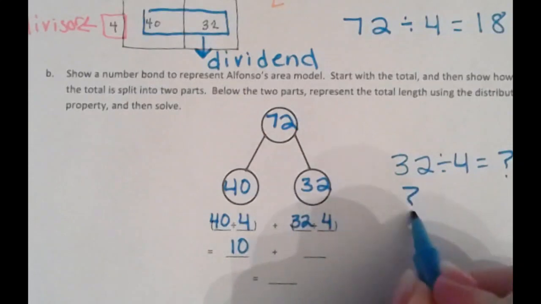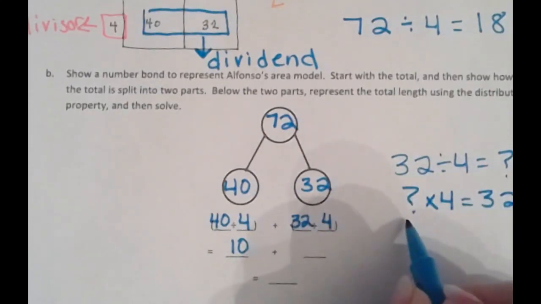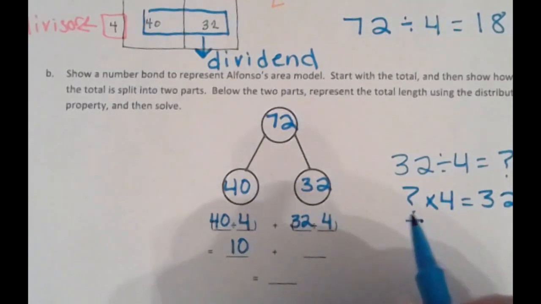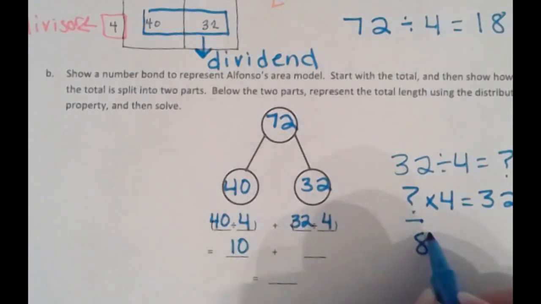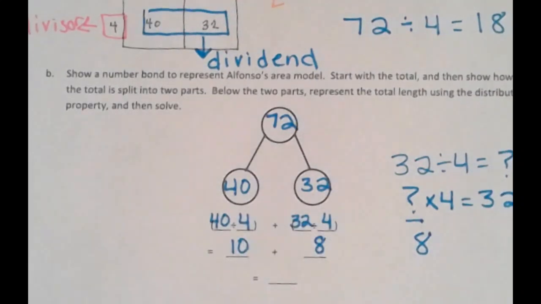That means that something times 4 equals 32. And hopefully we can remember that that something is 8. So 32 divided by 4 is 8, and then 10 plus 8 is 18.